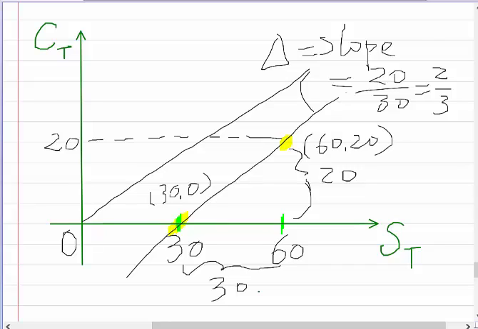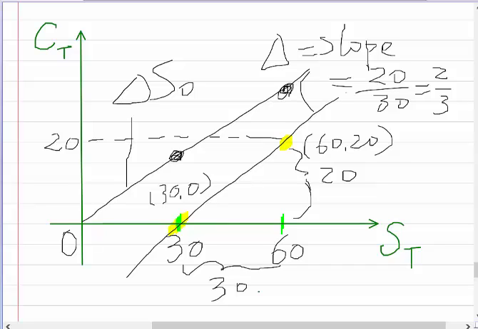This line here is delta times S0. And if you have $30 in the underlying expiration price, you get 2/3 of that, which is $20. If you have $60 at the expiration, you will have $40.